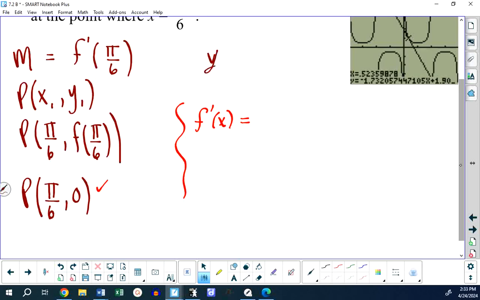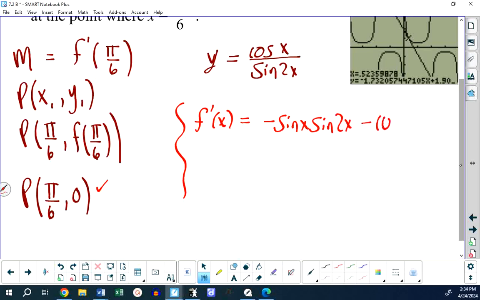I'll write it here so you can follow along if you're watching this later. So the derivative of the top is negative sine of x times the bottom, which is sine of 2x, minus the top, which is cos of x, times the derivative of the bottom, which is cos of 2x, times 2.